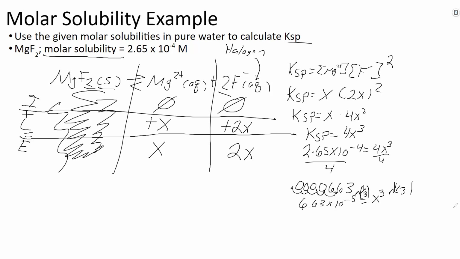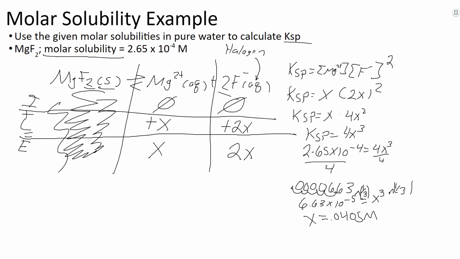Just raise it to the power of 1 divided by 3. So I'm going to take my number that I just found and raise it to the power of 1 divided by 3. And x, then, our molar solubility, is 0.0405 molar.